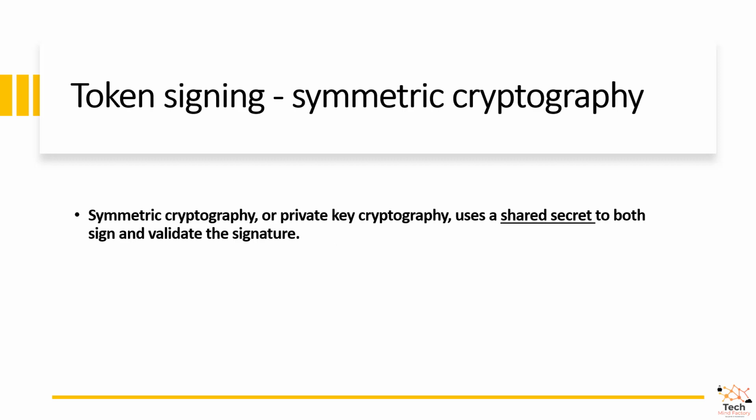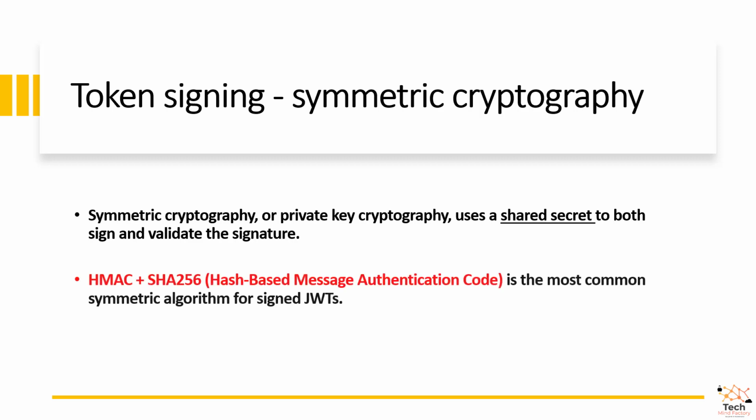So let's talk about token signing with symmetric cryptography. Symmetric cryptography, or private key cryptography, uses a shared secret to both sign and validate the signature. So we have a shared key here to sign the token and to validate the signature of the token. And HMAC, the hash-based message authentication code with a SHA hashing algorithm, is the most common symmetric algorithm for signed JWT tokens.